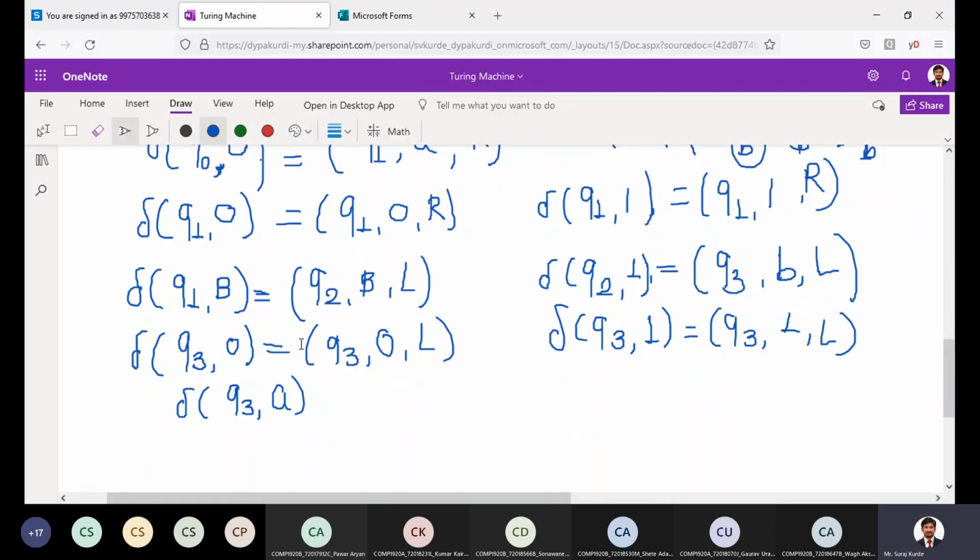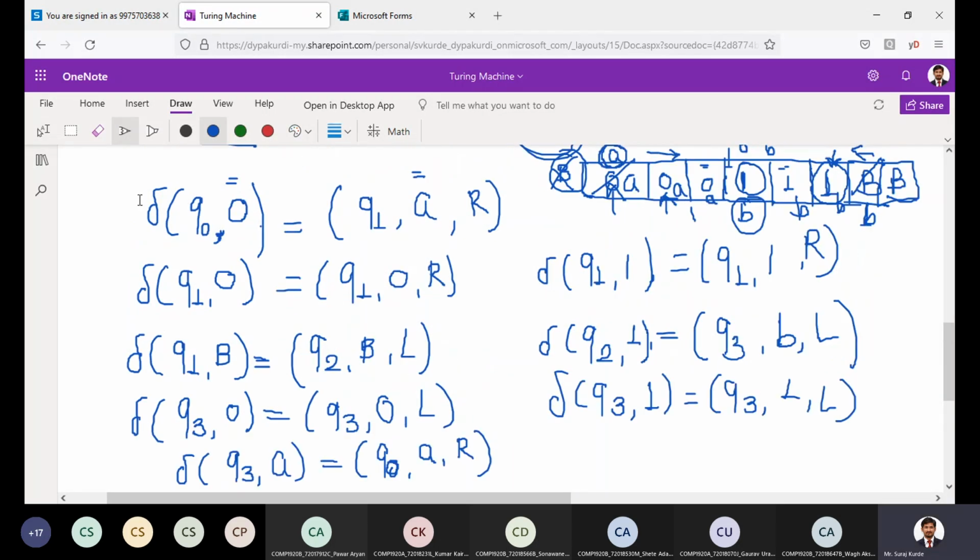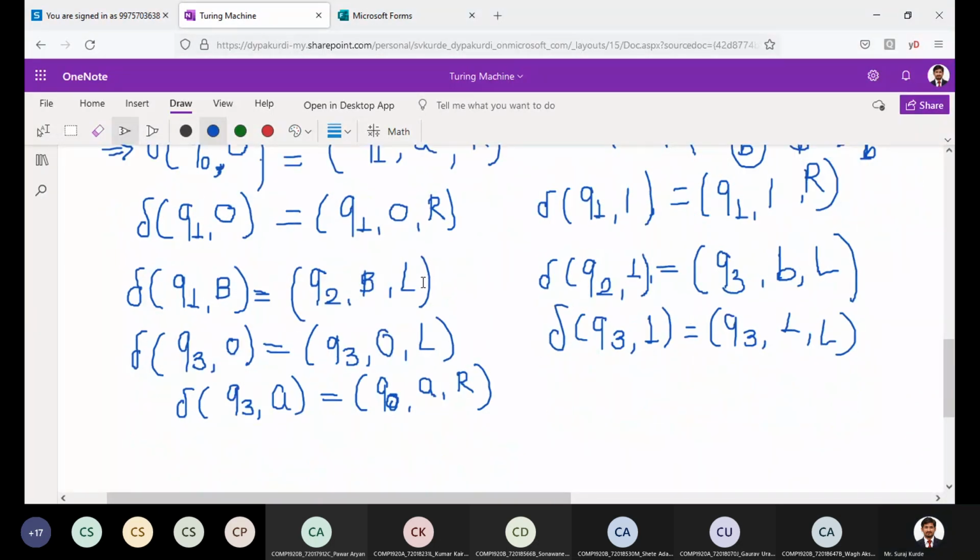So on Q3 with input A, what will it do? It will go back to the first state, that is Q0, because on Q0 it reads input 0 and replaces that 0 with A. So you have to go back to the state Q0. Then another option on Q3, what can be the input?